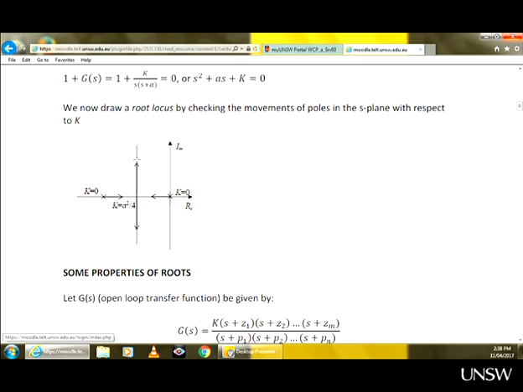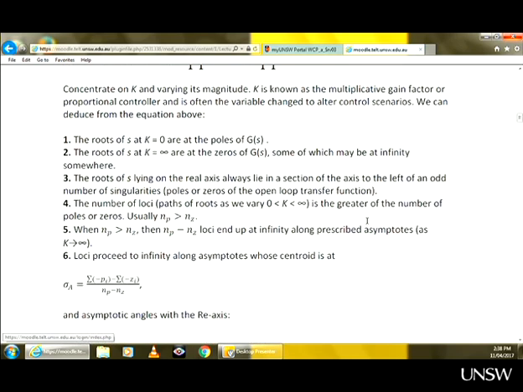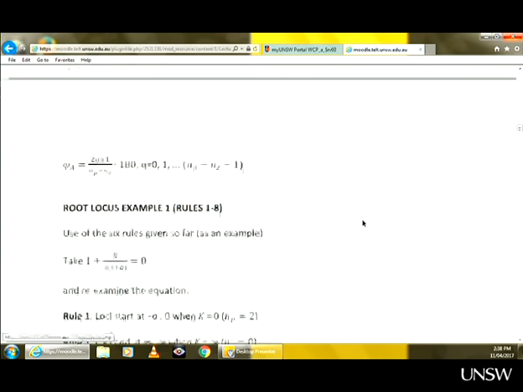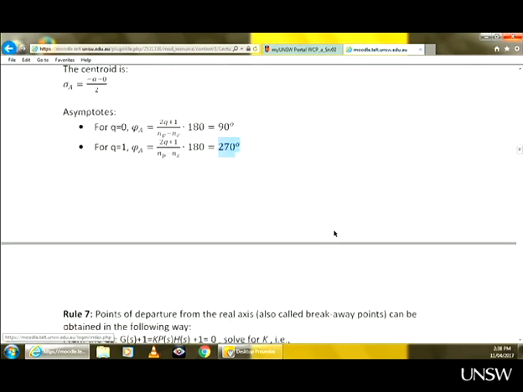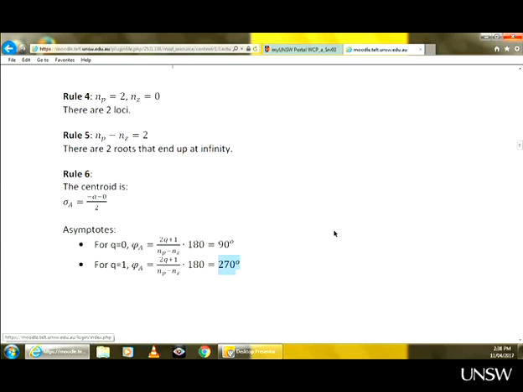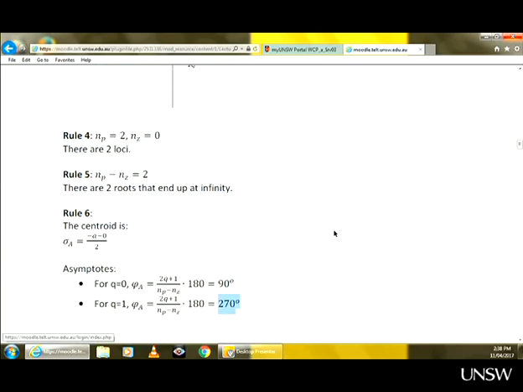Okay. Now, we still don't know everything about the root locus. Okay, where did we stop? Here. Now, when we have a situation that 2 poles are approaching each other, when they meet, they separate and become complex conjugate.